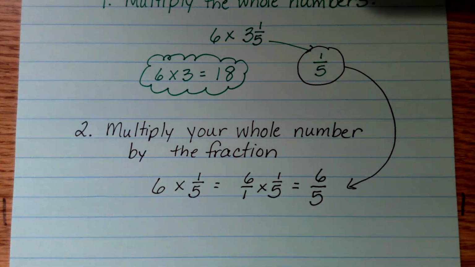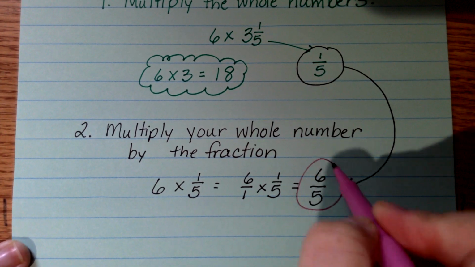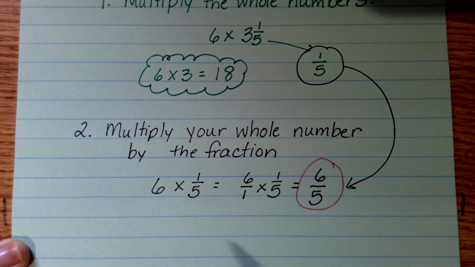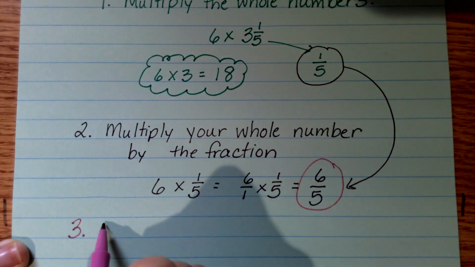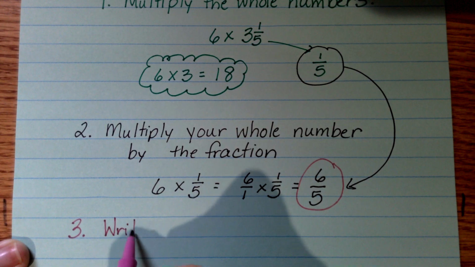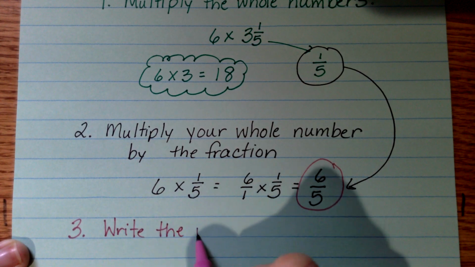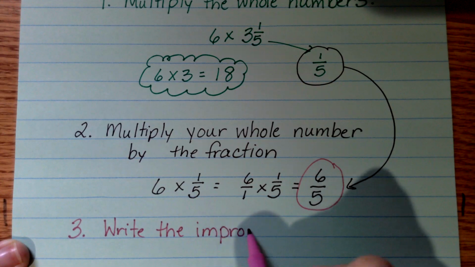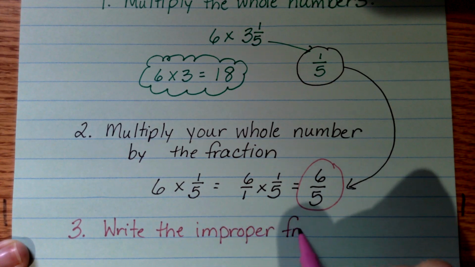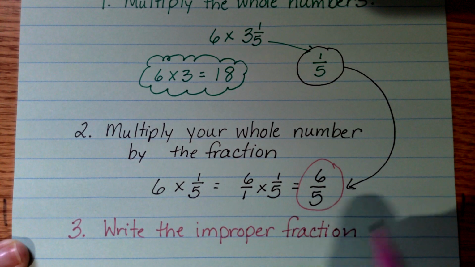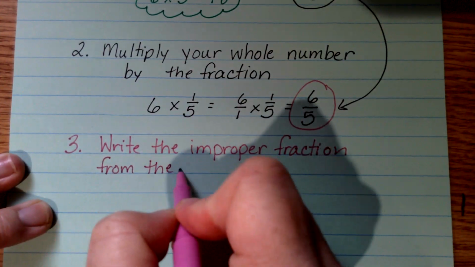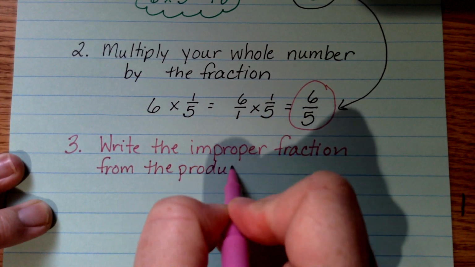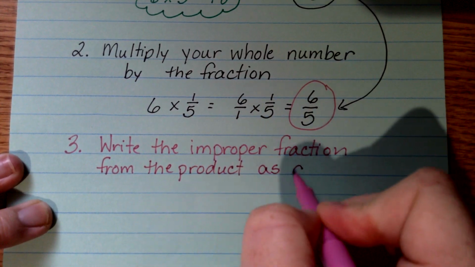Now we're going to write the product, this 6/5 right here, as a mixed number if we need to. So here, write the improper fraction from the product as a mixed number.